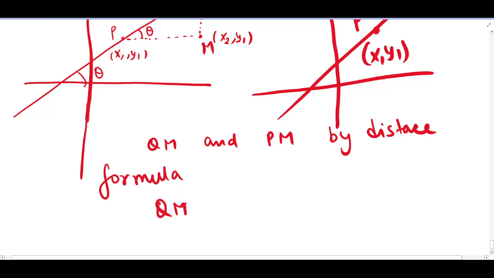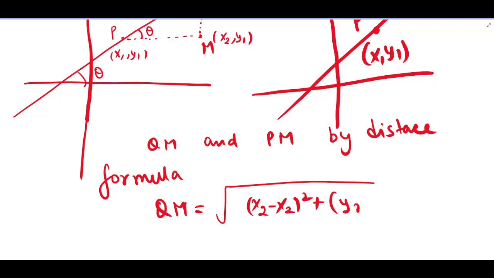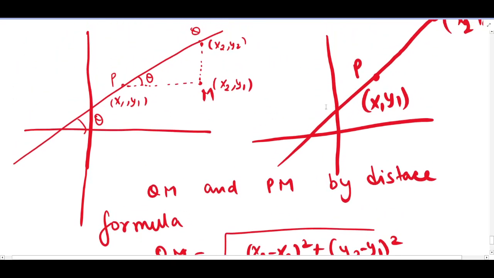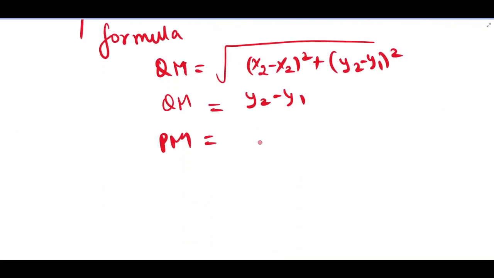QM is given by root of x2 minus x2 whole square plus y2 minus y1 whole square. So QM is equal to y2 minus y1. Similarly PM is equal to x2 minus x1.